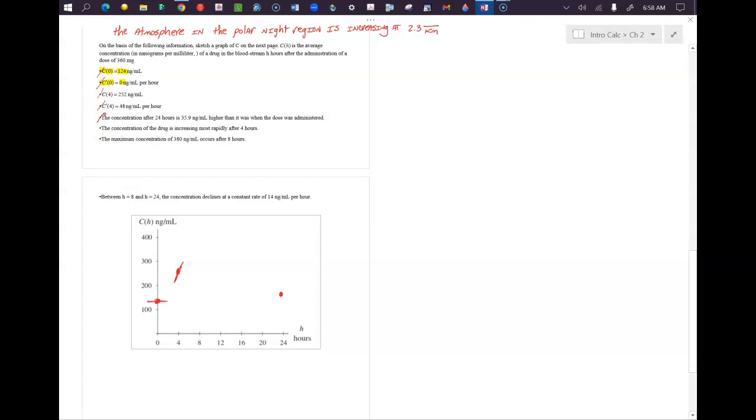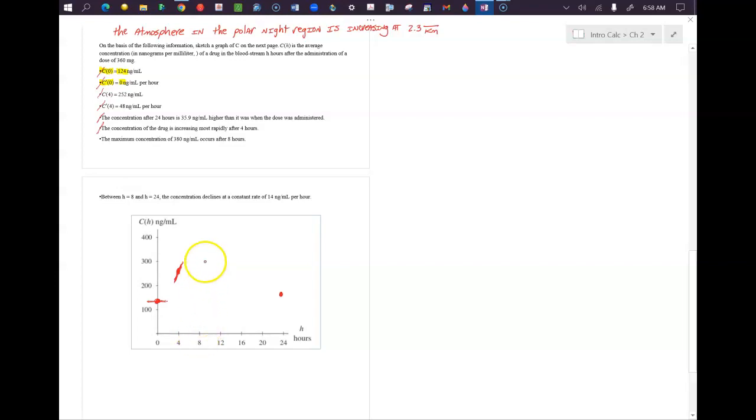And the next bullet item is the concentration of the drug is increasing most rapidly after 4 hours. So it's increasing, and it's most rapidly after 4 hours. So at 4 hours, our slope that we already drew in there for our tangent line is going to be the steepest positive slope. The maximum concentration of 380 nanograms per milliliter occurs after 8 hours.